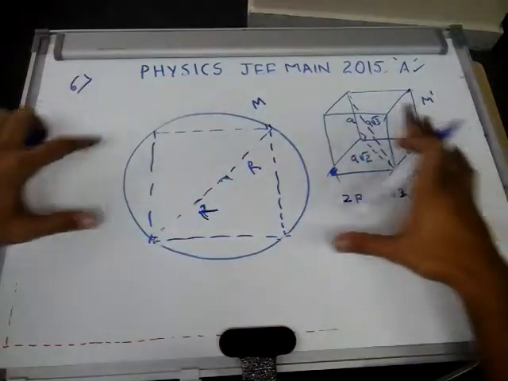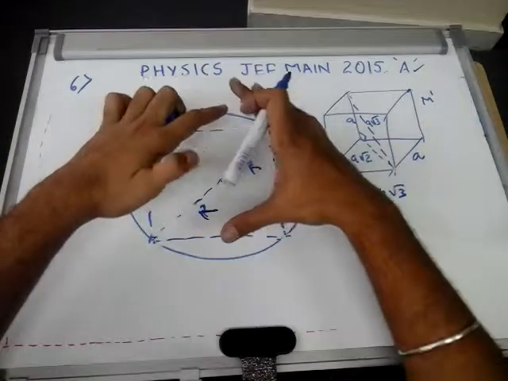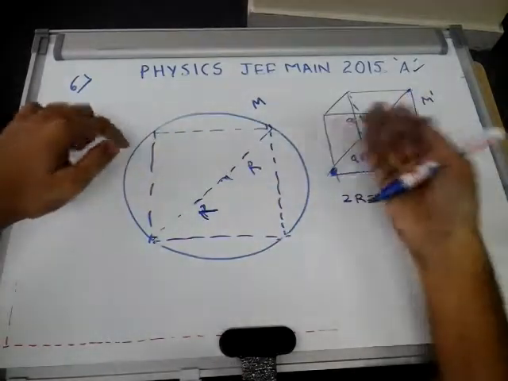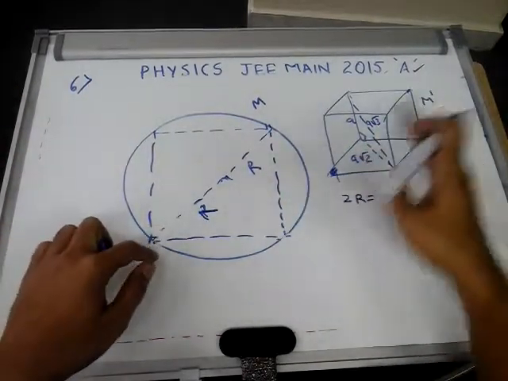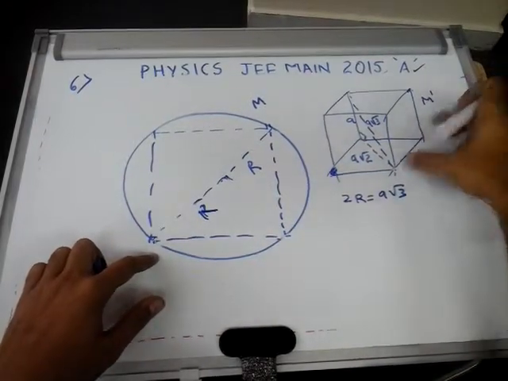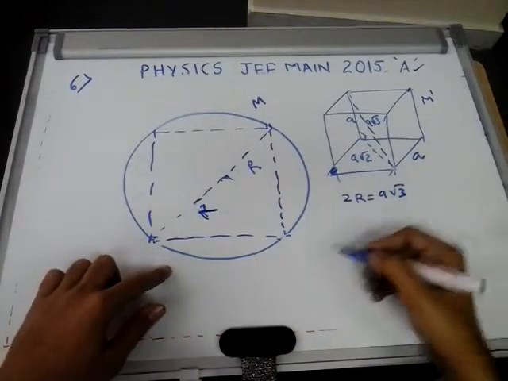This type of question is very common in JEE problems. A square plate is taken out from a disk, or a cube is taken out from a solid sphere. So we have to relate the side of the cube with the radius of the sphere. So this is the relation.